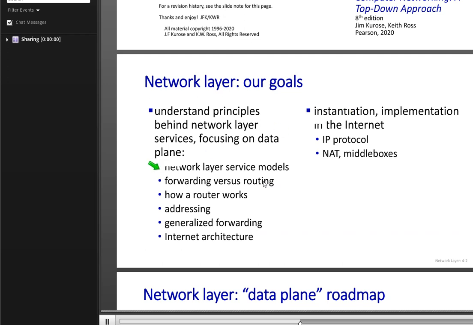We will talk about its service models, forwarding versus routing, how a router works, addressing, generalized forwarding, and internet architecture. And also IP protocols, NAT, and something like that.